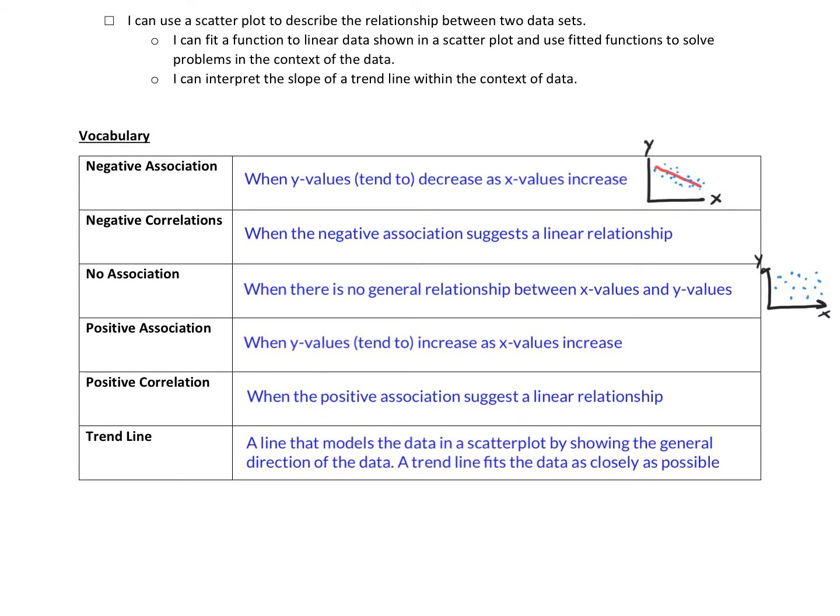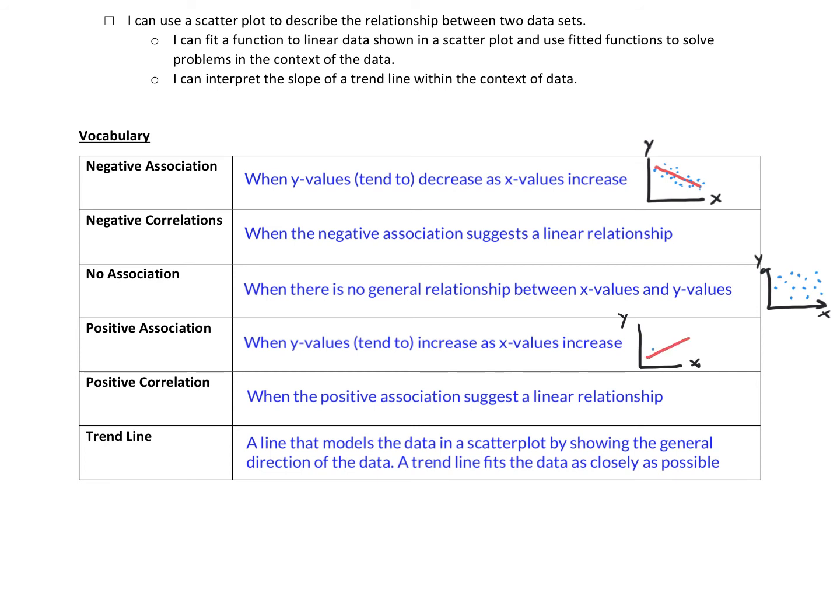Then we have positive association, when the y values tend to increase as your x values increase. So what that looks like is, that's your x-axis, your y-axis. Your y values are increasing as the x values increase.